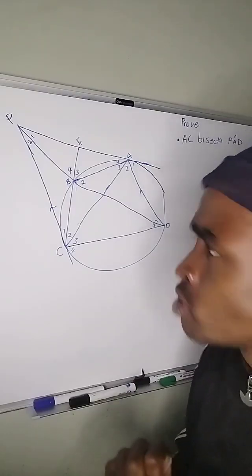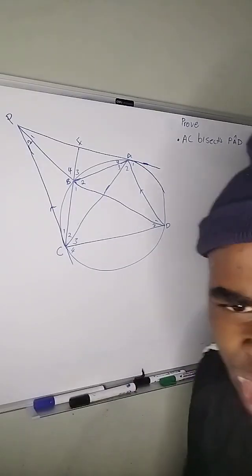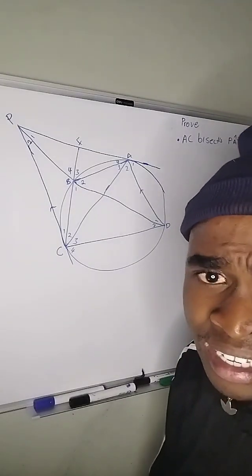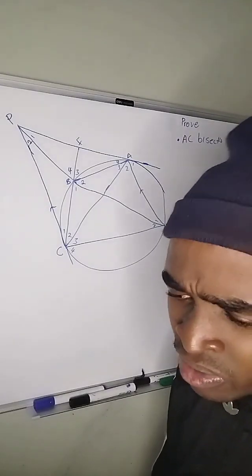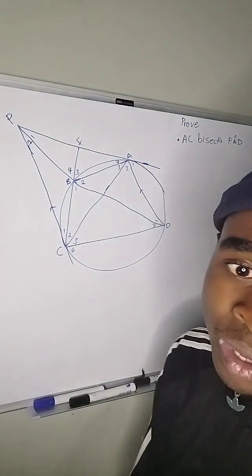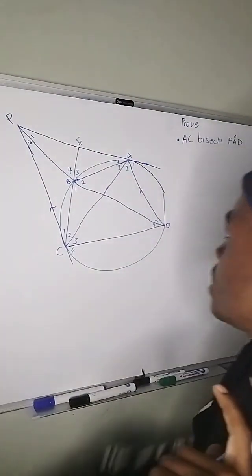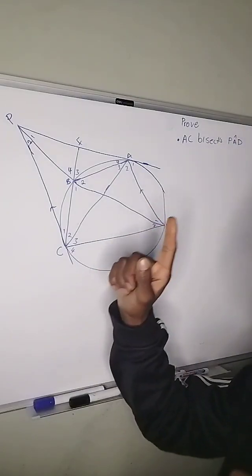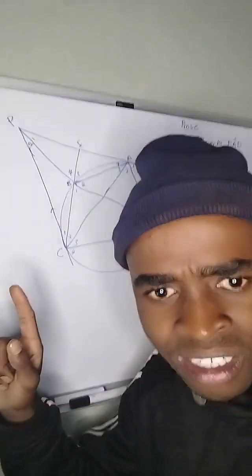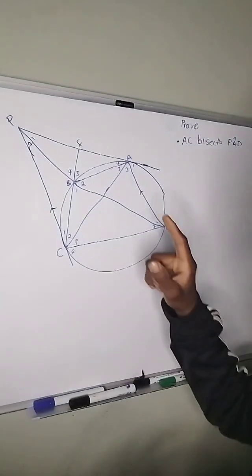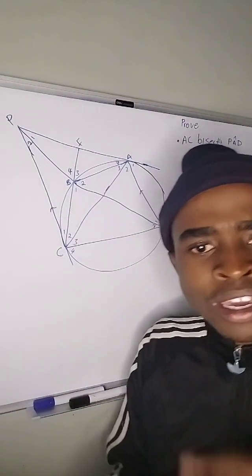PA is equal to PD? No, that's not the thing that has to be put. A4 and A3 has to be equal to what? It must be equal to A2. Yes, okay, that one.